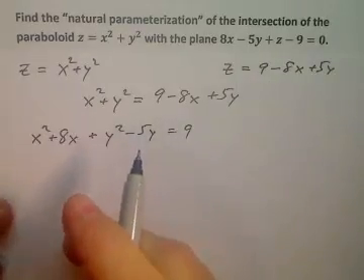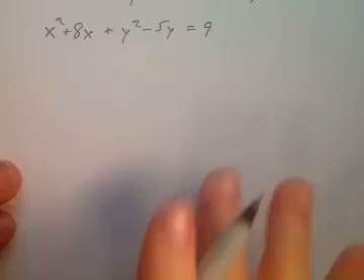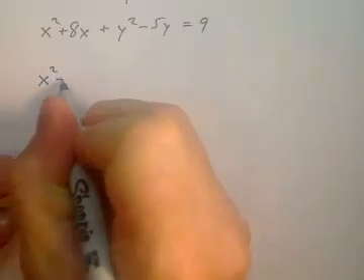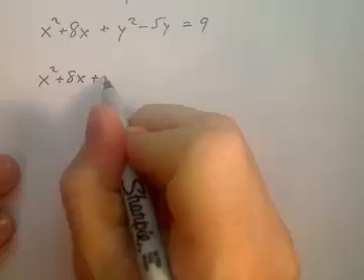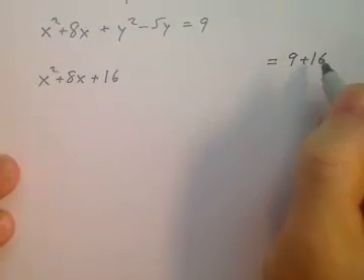And we need to complete the square on these guys. So I'm going to write this as x squared plus 8x plus, half of the 8 is 4 and squared, I have 16. And over here I'm going to add 16 to both sides.